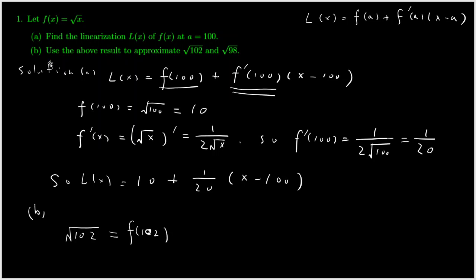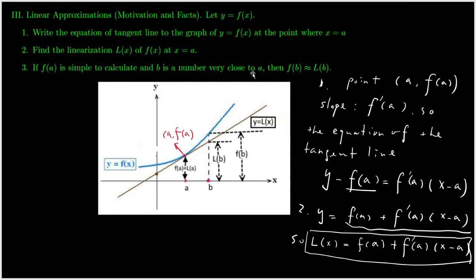You look at it backward. The value of the function at 102, the function is square root of x, so it's square root of 102, right? I mentioned earlier, you treat 102 as a number very close to 100. 102 is your b, a is your 100. 102 is very close to 100. So that makes sense?